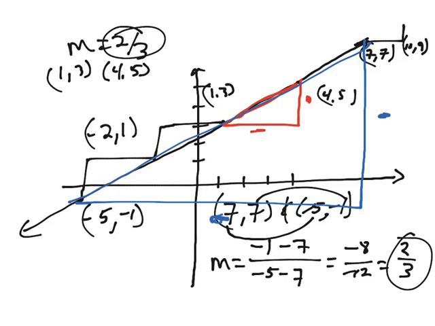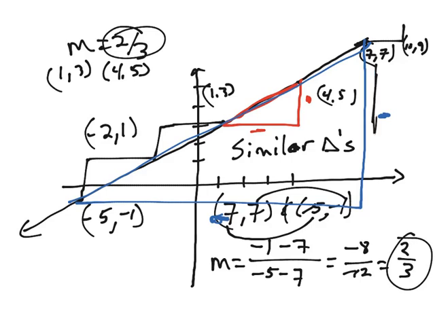Well, the red triangle and the blue triangle are similar triangles, and the relationship of similar triangles is that the ratio of their sides is always constant.